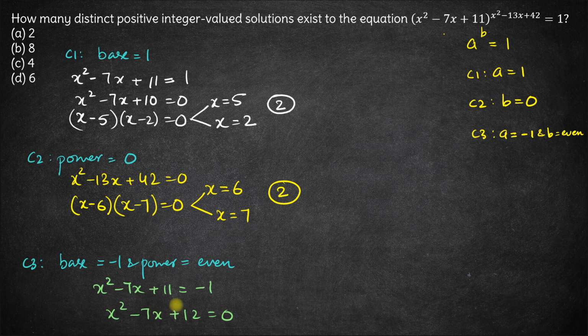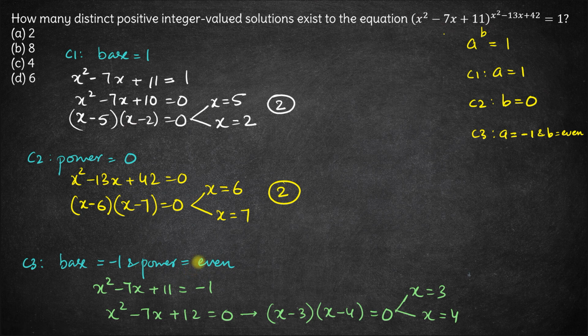The numbers are minus 3 and minus 4. So this can be factorized as (x minus 3)(x minus 4) equal to 0. And from here we get two values of x, 3 and 4. But we don't have to stop here. We have to check whether the power is even or not.